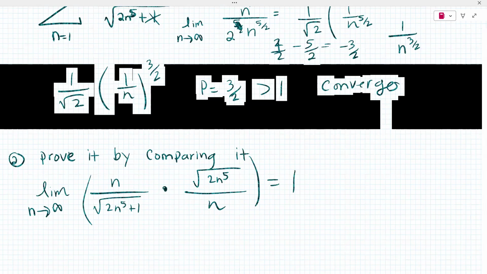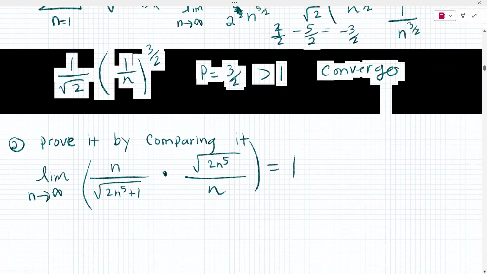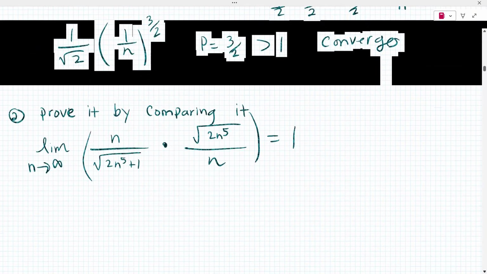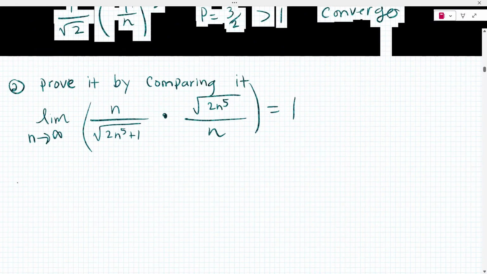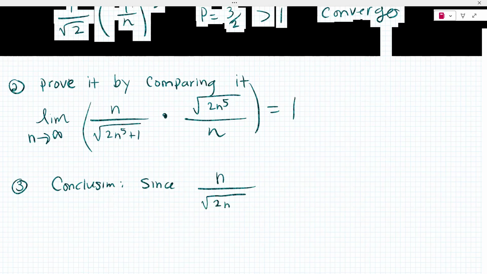And then, conclusion: since n over the square root of 2n to the 5th converges, then n over the square root of 2n to the 5th plus 1 also converges.